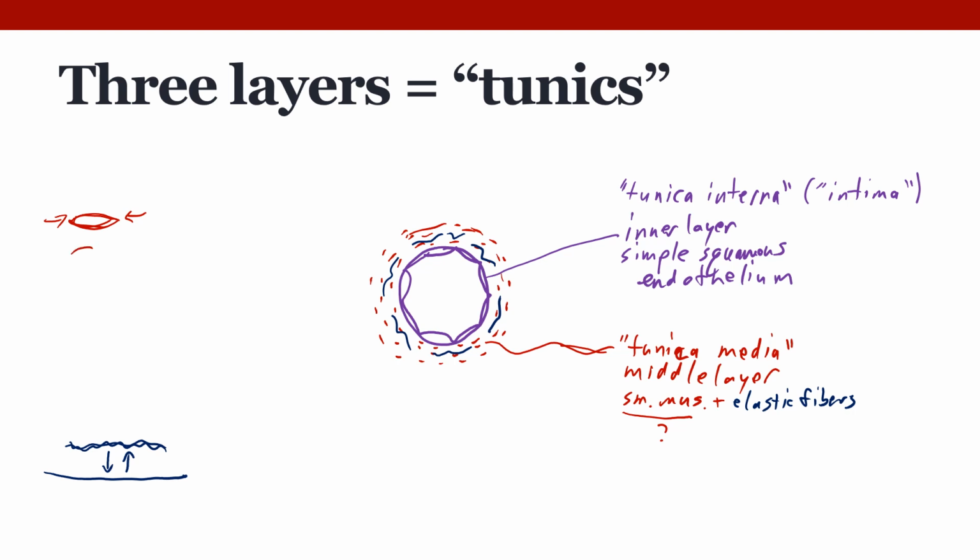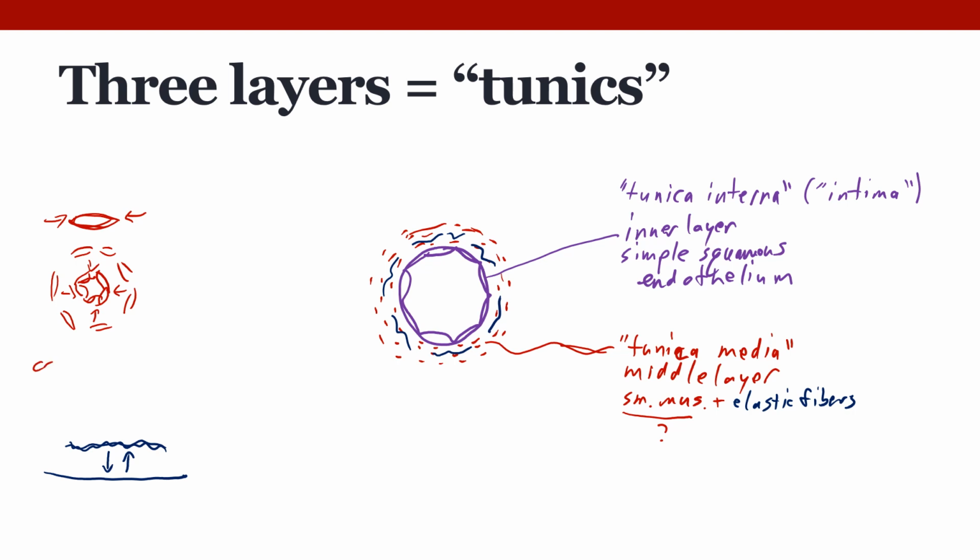Well, if you have a circle of these smooth muscle cells, when they all contract, they form a smaller circle of smooth muscle cells, or squashed football cells.